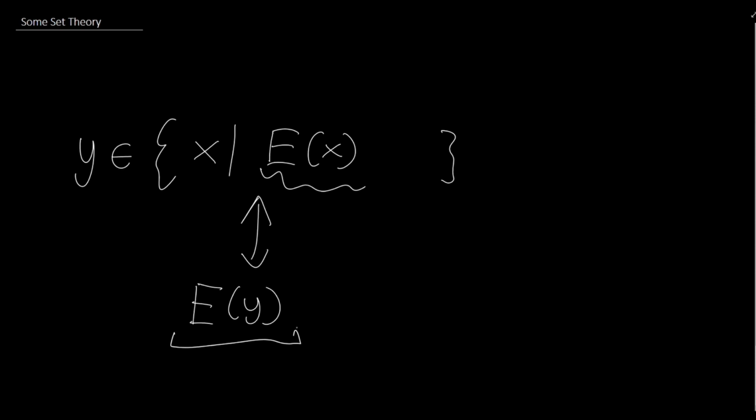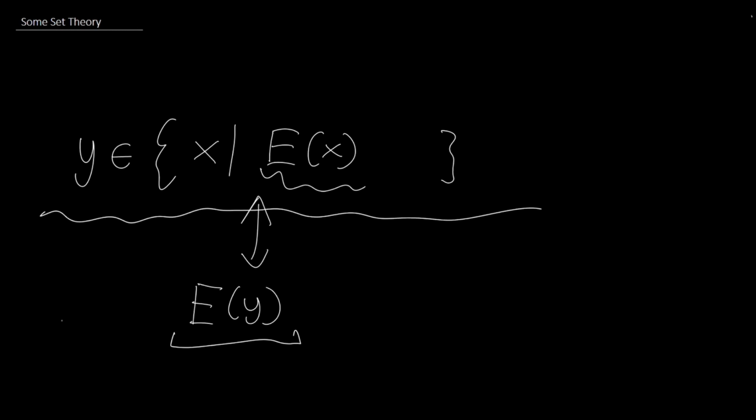So these statements should still be equivalent to one another. And it turns out, if you think for a little while, that it doesn't matter what E stands for, this at the top here will always be true to this at the bottom here. So let's test it out. Maybe let's give E a new meaning. Let's make E stand for the condition of being prime.